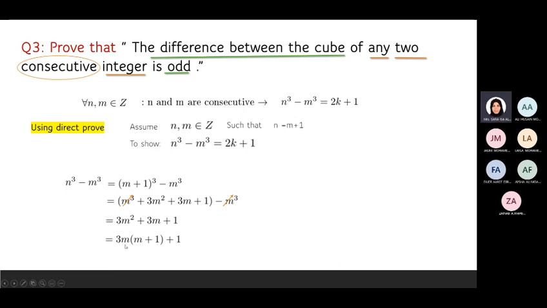You will find that m is multiplied by m plus 1. And you know the fact that the integers, because here our domain is integers, are coming in order, even followed by odd, odd followed by even followed by odd, and so on. They are coming in sequence.